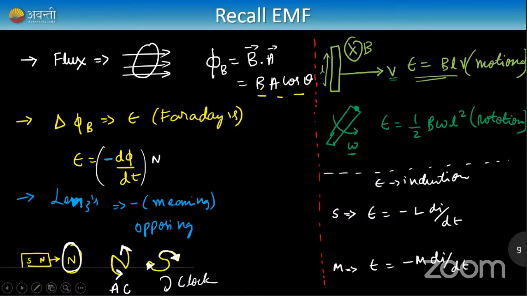So all the formulas in this chapter where you say EMF are written on the screen. I've written Michael Faraday's EMF formula, motional EMF, rotational EMF, and induction EMF. If time permits, or if there is a necessary situation, we can equate any one of them to any other.